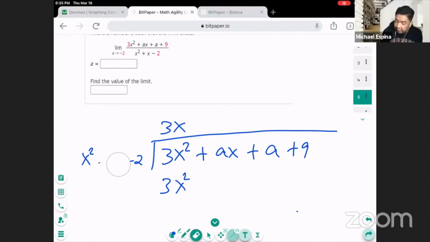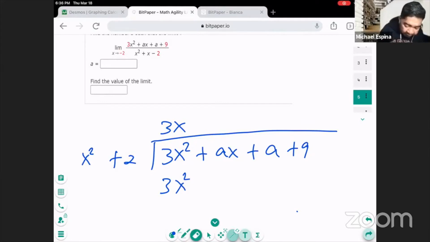It's just plus 2. Okay, just the x plus 2, sorry.